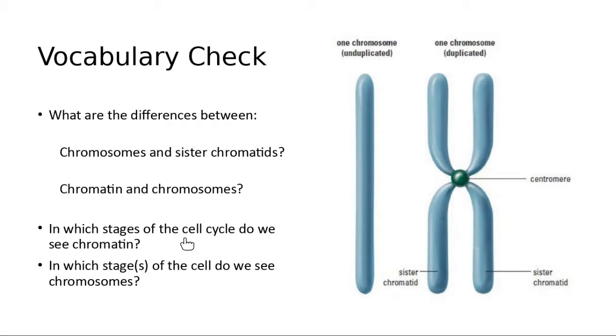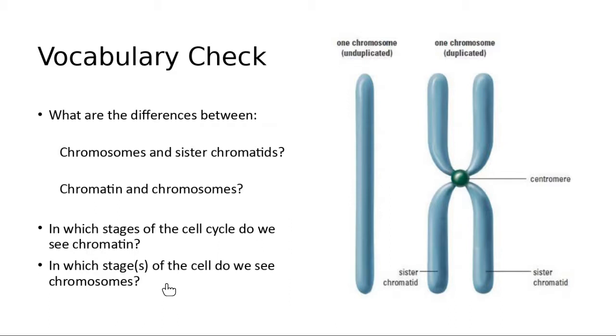So in which stages of the cell cycle do we see chromatin? G1. Good. Yeah, so G1, S, and G2, collectively known as interphase. Very good. And in which stages of the cell cycle do we see chromosomes? Metaphase?